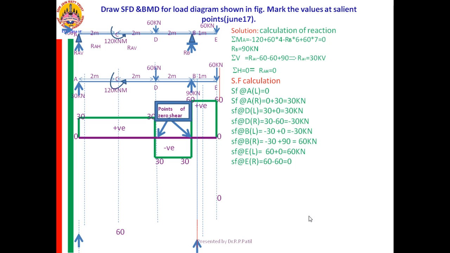Only where it is changing, that we need to specify, not the zero values like A and E, because at the corresponding locations, either the bending moment will be maximum or minimum. Therefore, that is very important for us. That is the point of zero shear. Yes, this completes our shear force diagram.